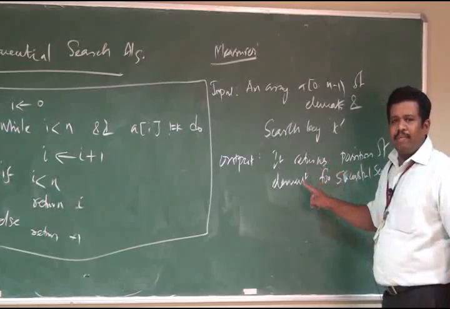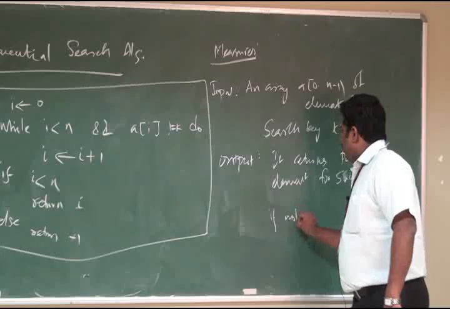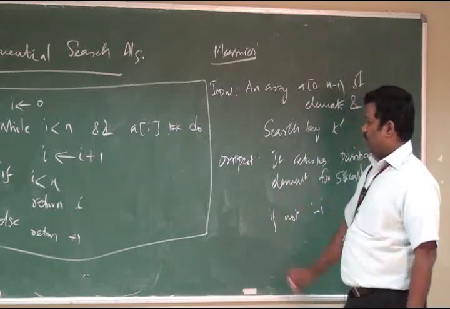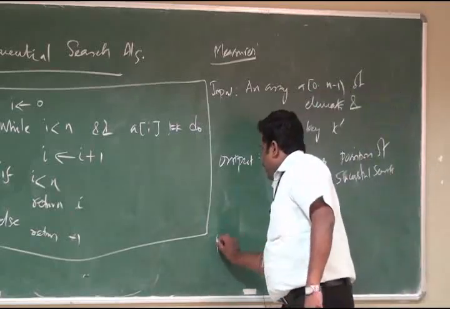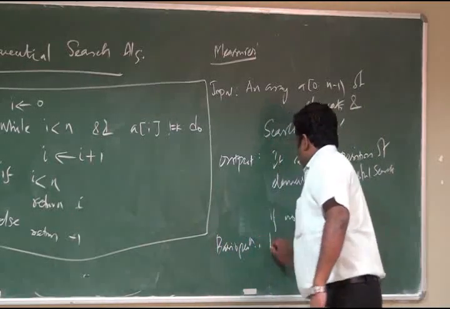If there is no such element present in the array, it returns -1. The basic operation of the algorithm is key comparison.